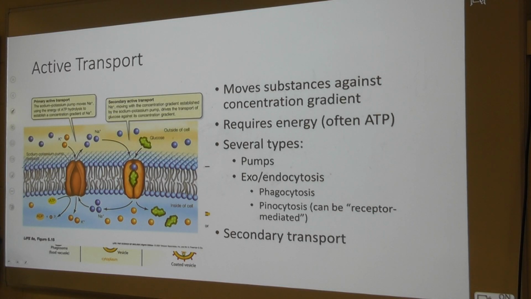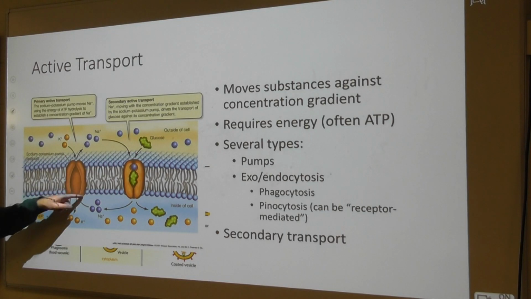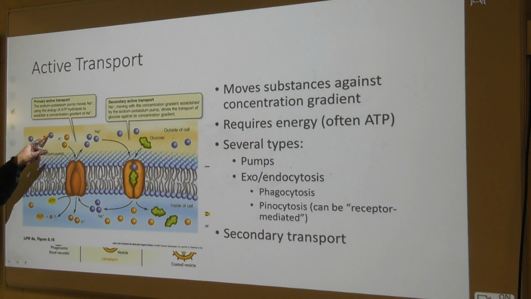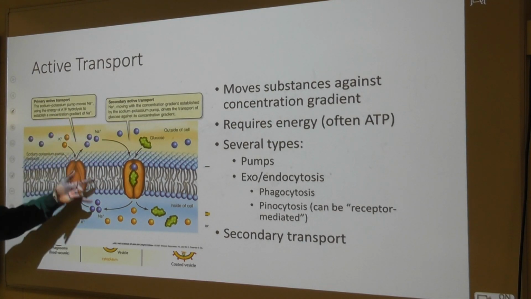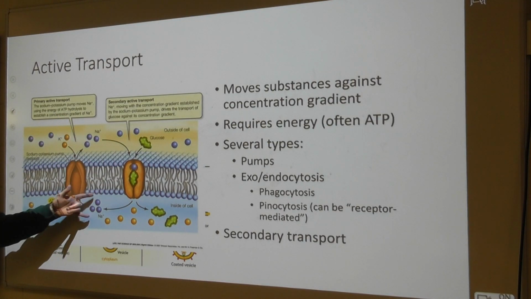So typically the way secondary transport works is that you'll have ATP used along with a pump to establish a concentration gradient. In this case, there's a concentration gradient being established by this pump where there's more sodium in this area. This is the extracellular area, this is the intracellular area.